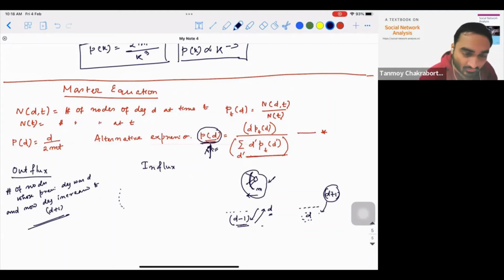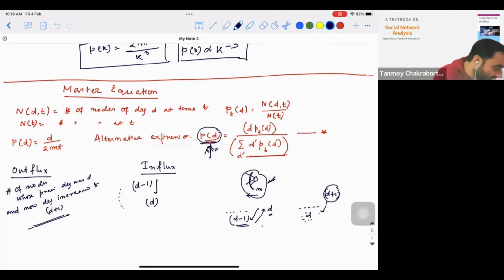Remember, these are numbers of nodes. Now, what is influx? Influx is the opposite one: the number of nodes that had earlier degree d minus 1, and now because of the addition of this new node, their degree becomes d. Now these would be considered to calculate PD.